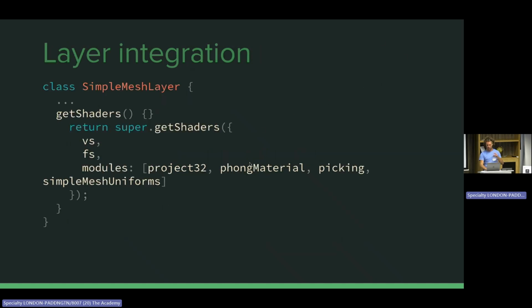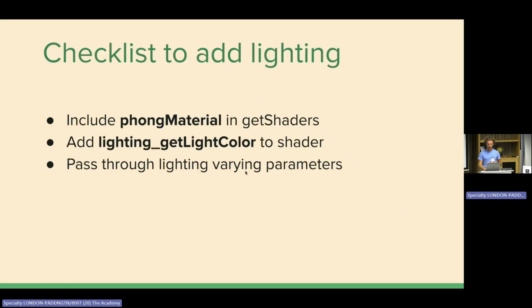Then, much in the same way that we're injecting the module for the UBOs, the simple mesh layer is including this Phong material in its modules when it's calling get shaders. So we're going to use the same thing in the text layer.